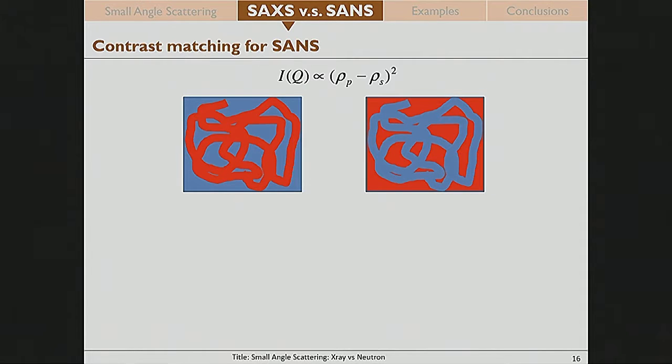You can play around with the scattering length density, and you can tune your sample to be able to see what you want. It solves a lot of the phase problems that you have, because whether you're seeing red in blue or blue in red, these two would give the exact same scattering spectra.